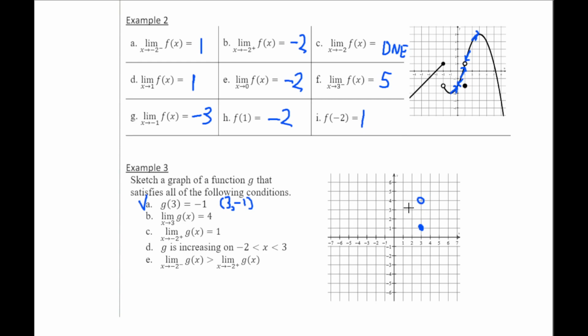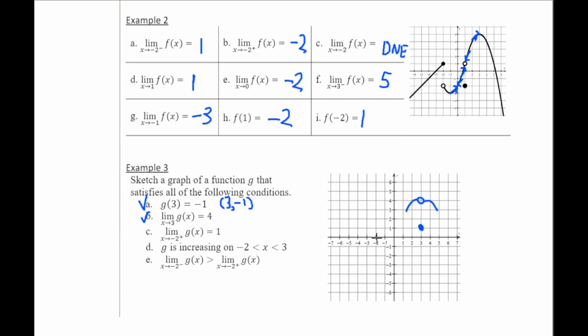So the tricky part here is we don't know what the graph would look like. There isn't one right answer. There's a lot of different options. So for now, I'm just going to pick something like this. Check that condition. Limit as x approaches -2 from the right is equal to 1.